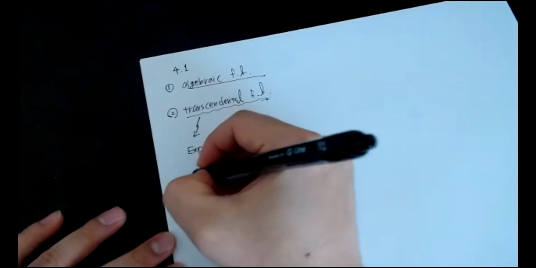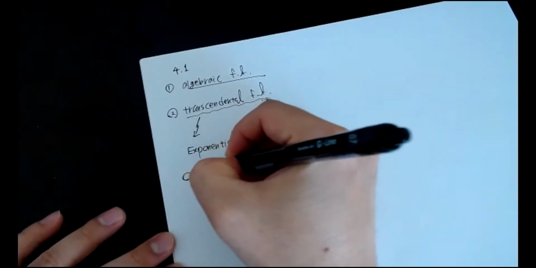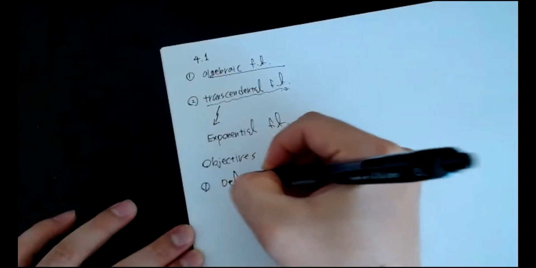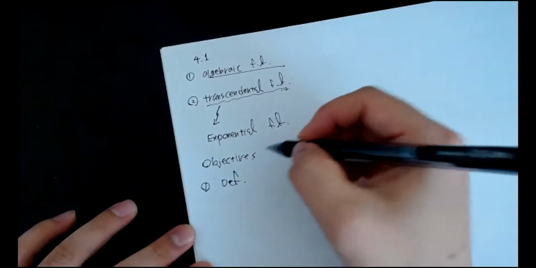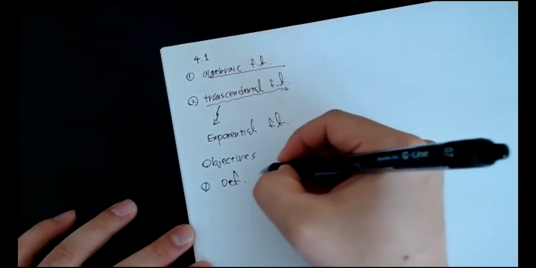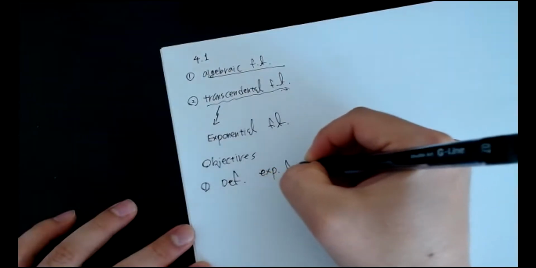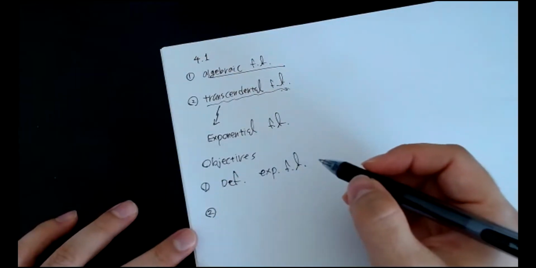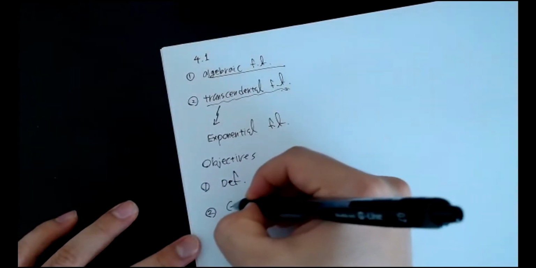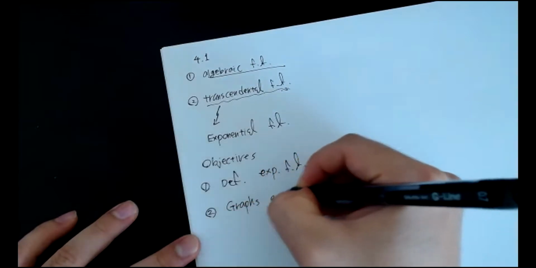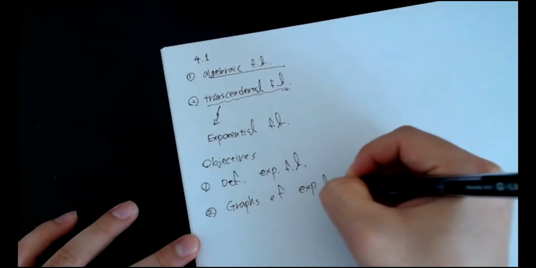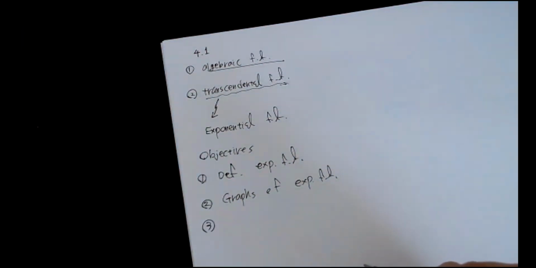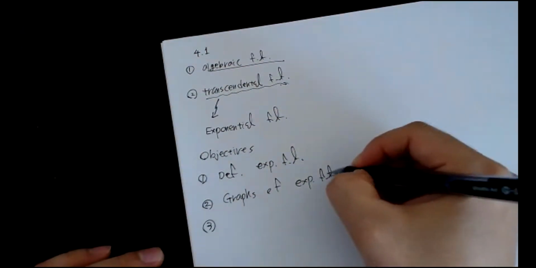So here are the objectives. Definitely we need to learn the definition of exponential functions, exp. And then we're going to learn the graph of exponential functions, and while we figure out the graph, we're going to figure out the properties of exponential functions.